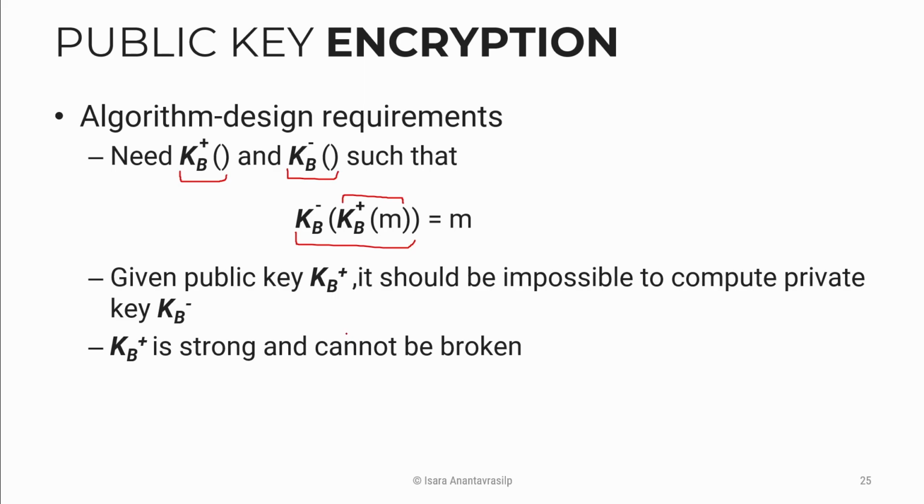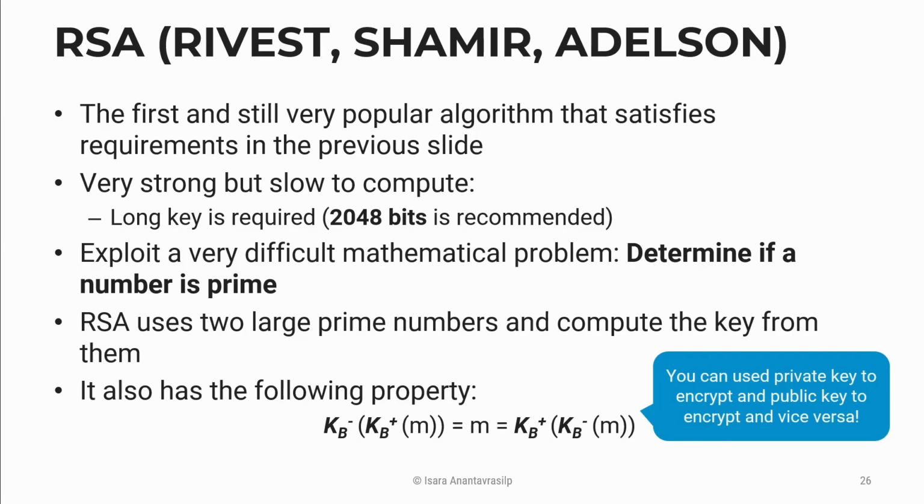There were many attempts to come up with such an algorithm until three guys, Ron Rivest, Adi Shamir, and Leonard Adleman, finally came up with an algorithm with such properties.